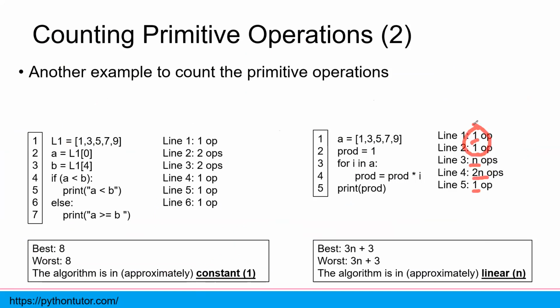So at the end, we just need to consider the higher order term, which is n, which is only linear. Whenever you do an operation like this, which one is correct, 3n plus 3 or 3n plus 4? It doesn't matter, because for the big O rule, it will show just the same.